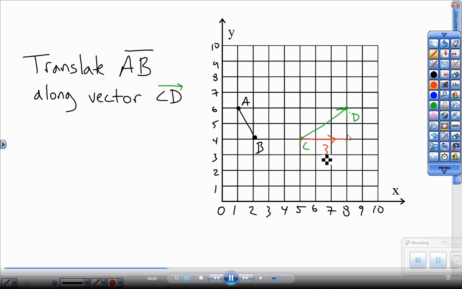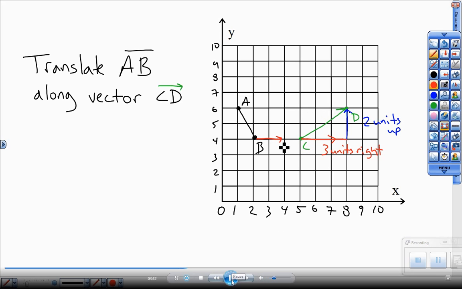And then from there, I go up 2. So that's the movement this vector is describing. Over 3, and then up to that tip, up 2. Again, the arrow tells you the direction you're going, over and up. If the arrow was down here, I would be going left and down, but I'm not. So again, that tells me the directions.